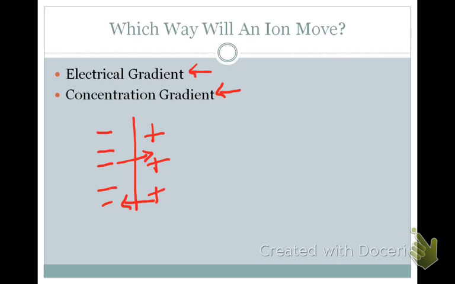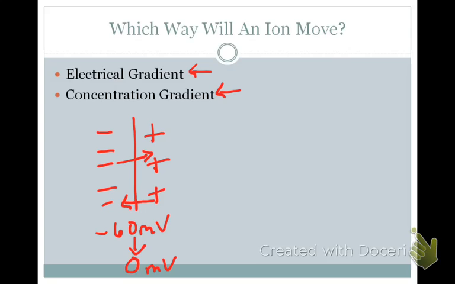You're trying to get that electrical difference to be 0. So if right now we're measuring minus 60 millivolts, if we're only caring about the electrical gradient, the negative or positive ions are going to want to move in the direction that will bring that resting membrane potential down towards 0.